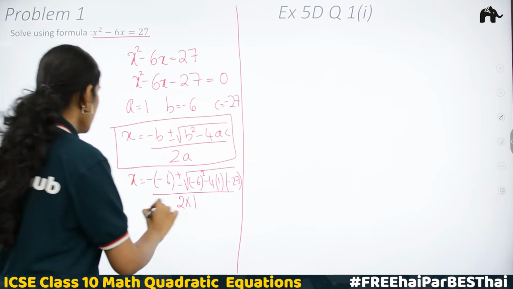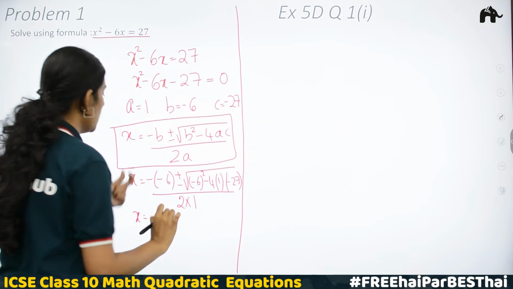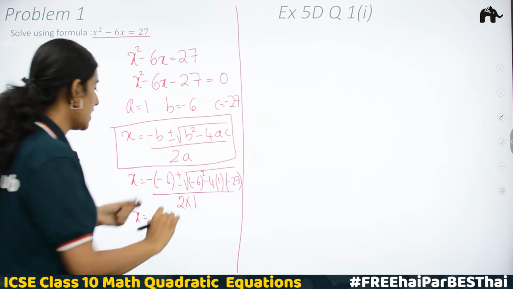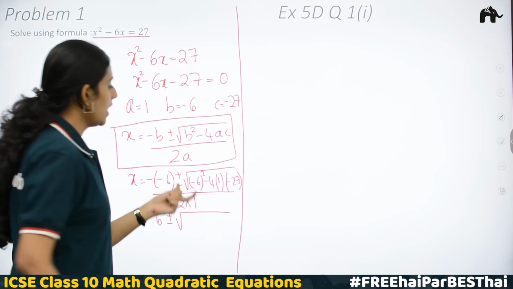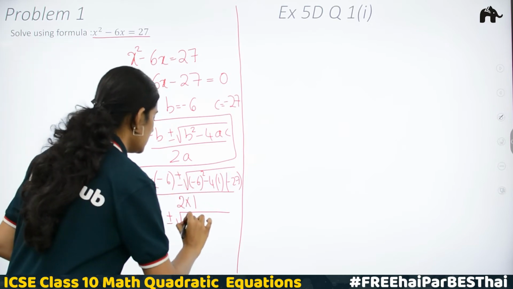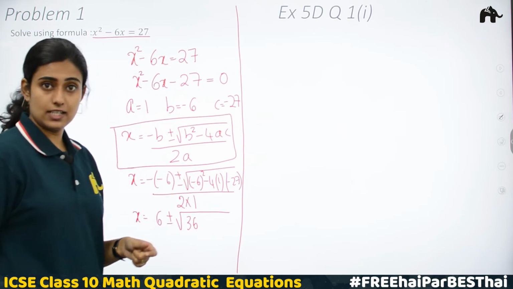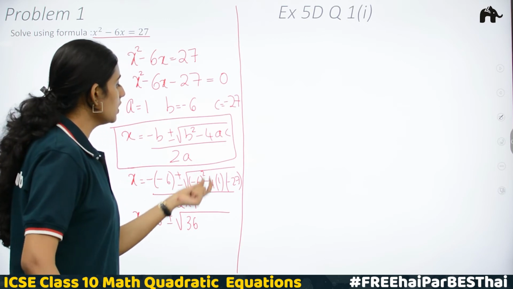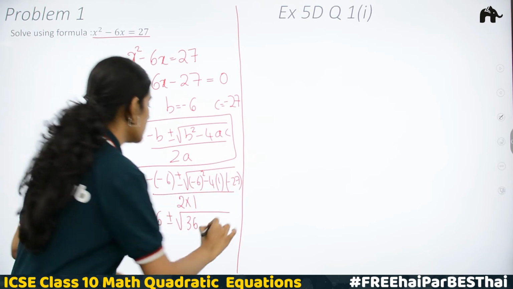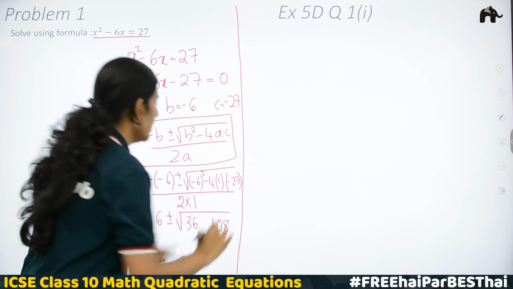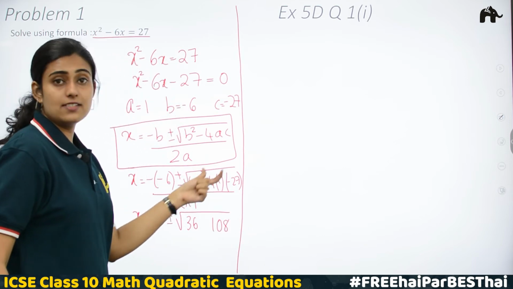Okay. Next, x is equal to minus of minus 6, that is plus 6, plus or minus root of (-6) whole square is 36, positive 36, minus 4 into -27. 4 into 27 you will be getting 108. Here we have negative sign.